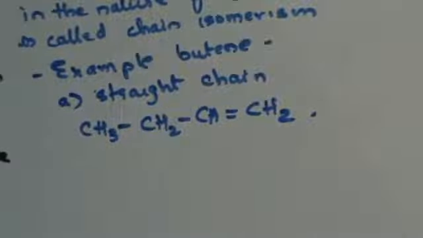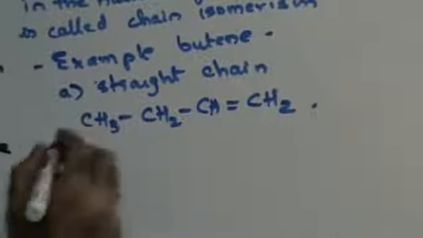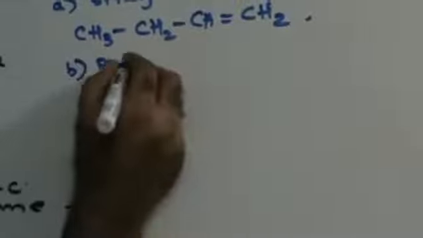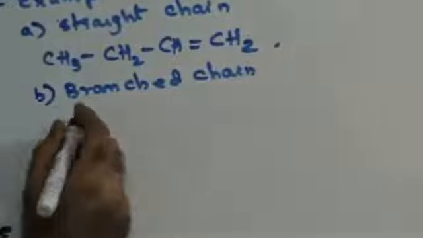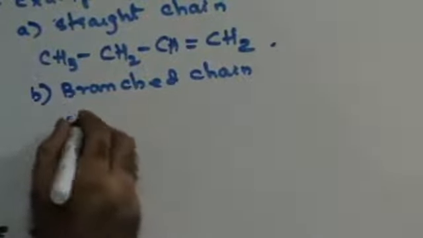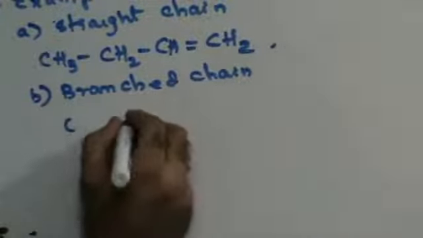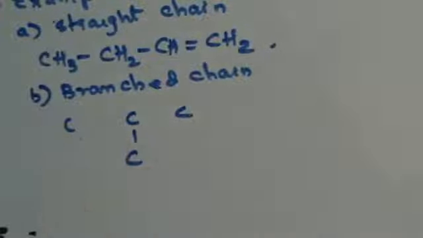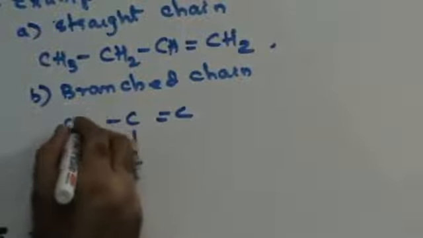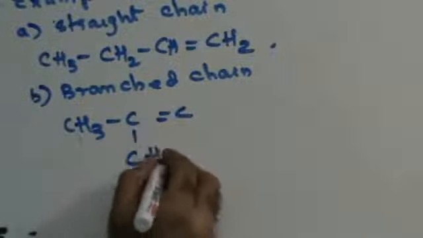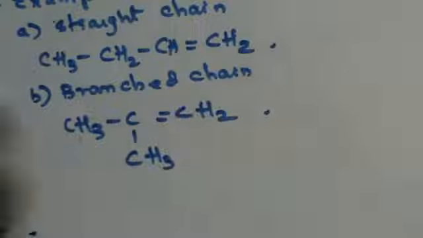Right, this is a straight chain, or I could have a branched chain, as in I can have CH, C, C, and I can have one carbon in the branch. I could have a double bond here. So valency is 4, so 3, valency is satisfied, 3, 2. This is also butene, but here this is in a branch. So the first one is 1-butene and the second is 2-methyl-1-propene.